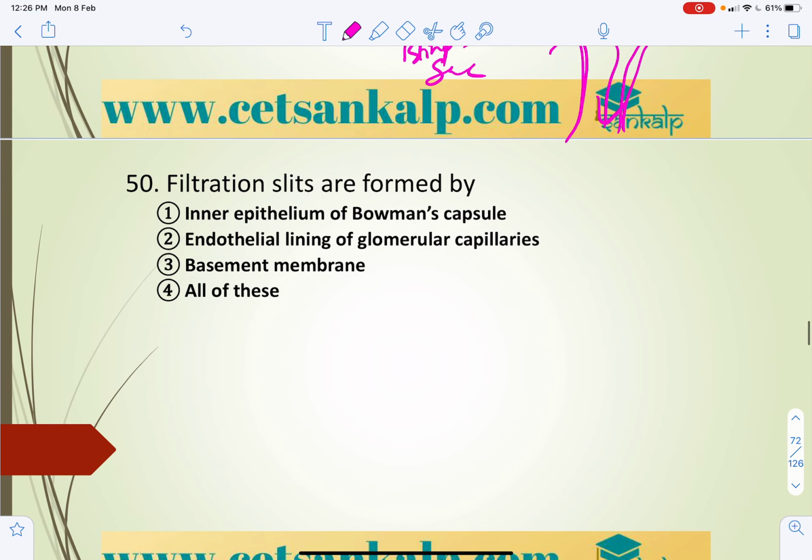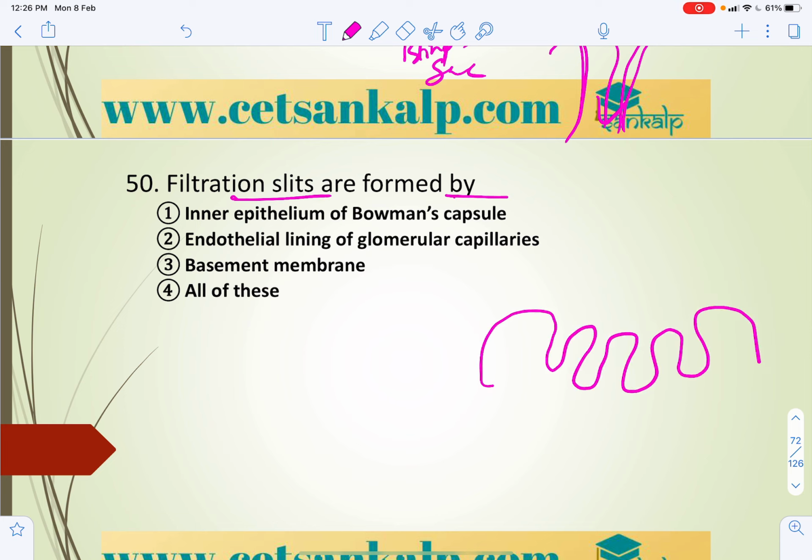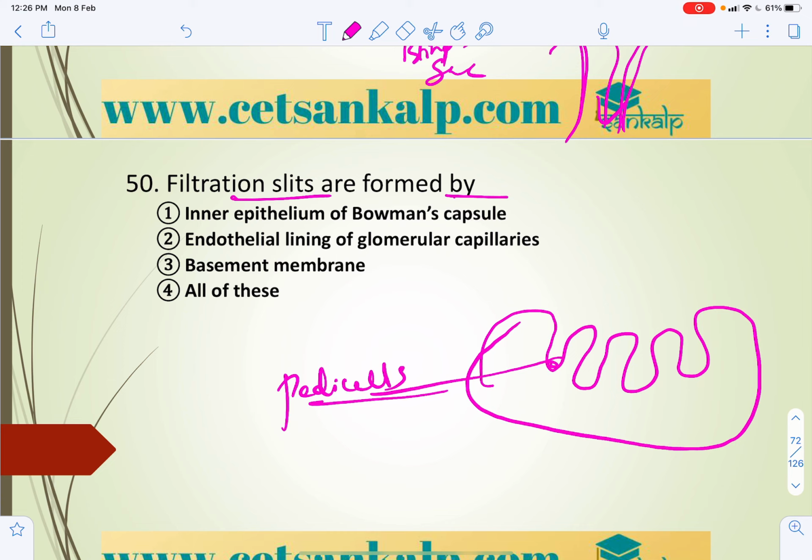Next, filtration slits are formed by. I already mentioned the structures which look like foot-like projections are called pedicels. In between the pedicels there are minute pores, and these pores open into the lumen of the capsule.